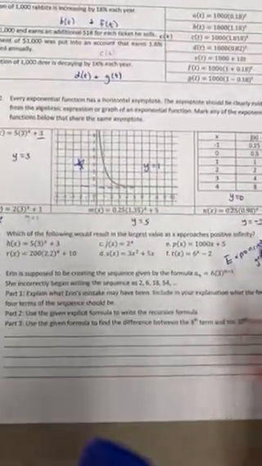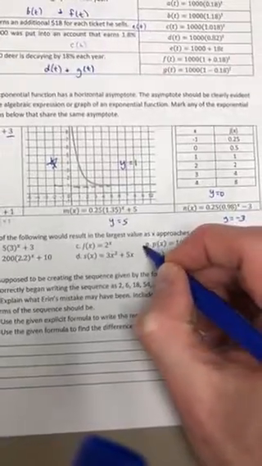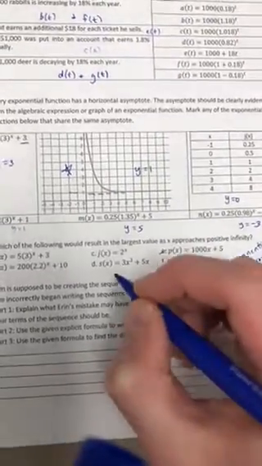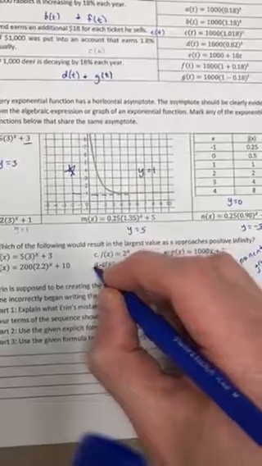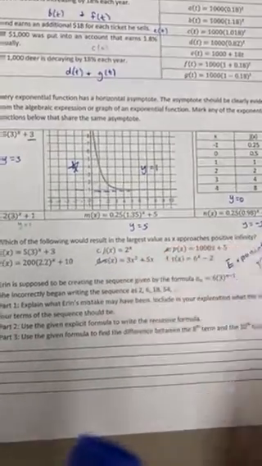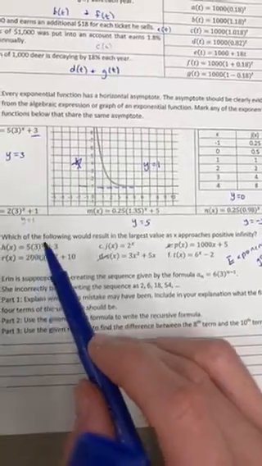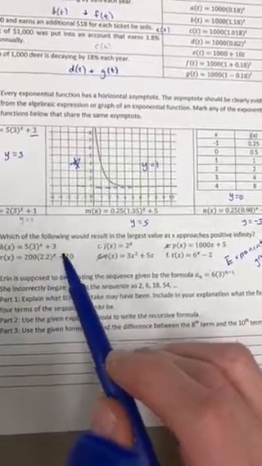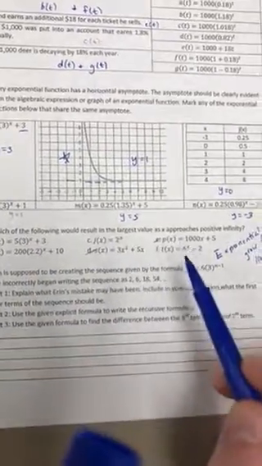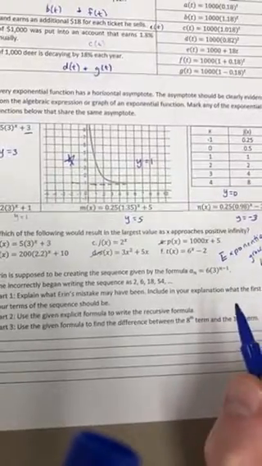So of these that are here, I know that function e is linear and function d is quadratic because of the x squared. Okay, the remaining ones all have 3 to the x, 2.2 to the x, 2 to the x, and 6 to the x. All of those are exponential.